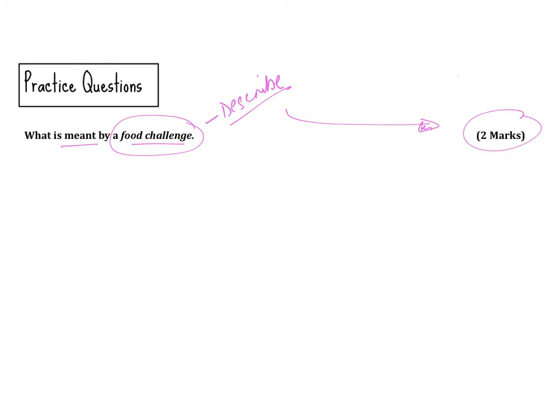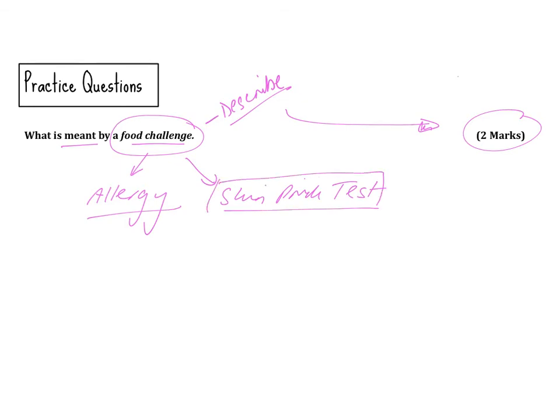So some of the key things to remember here is that a food challenge is used to determine if someone has an allergy, and it's used after a skin prick test. And the reason it's used after a skin prick test, which is the initial way of determining if somebody has antibodies and their immune system responds to the protein in the solution that's put on the forearm, is that a reaction would result in a large red welt and swelling on the forearm.